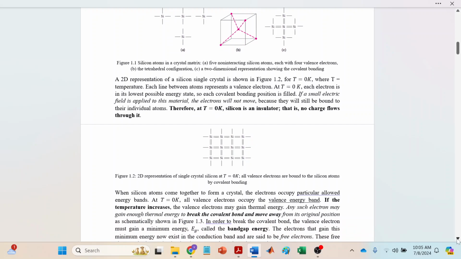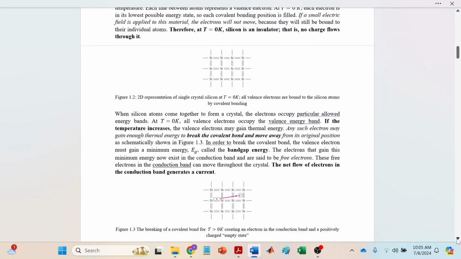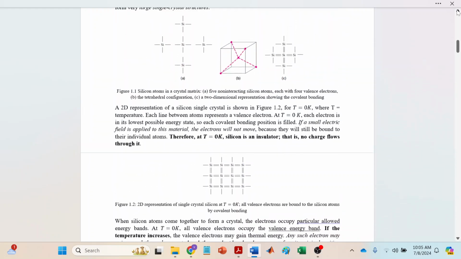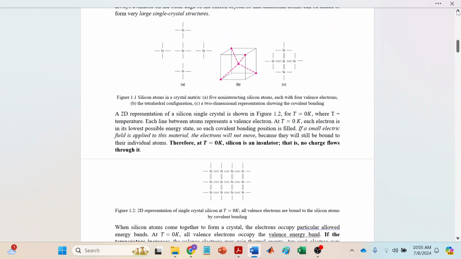We call that state the valence band. So the electron is in its valence band, and we can say that covalent bonding is present at the moment, because the valence electrons are shared between the silicon atoms.